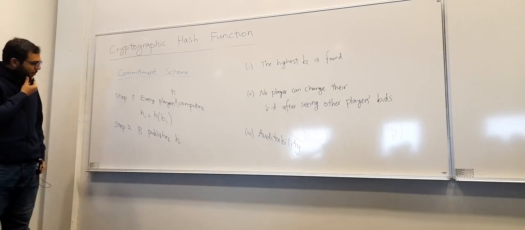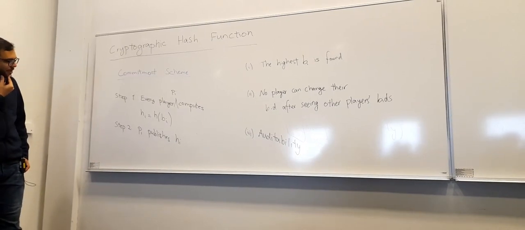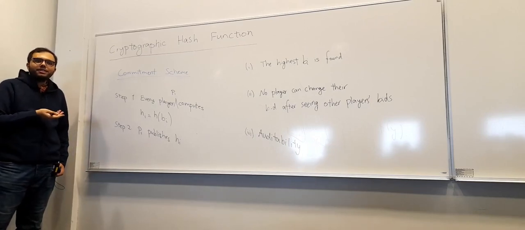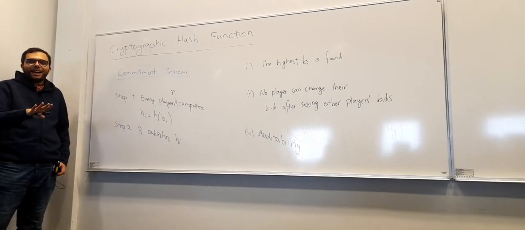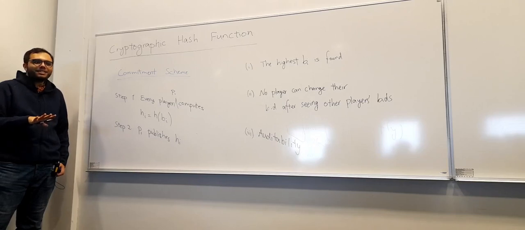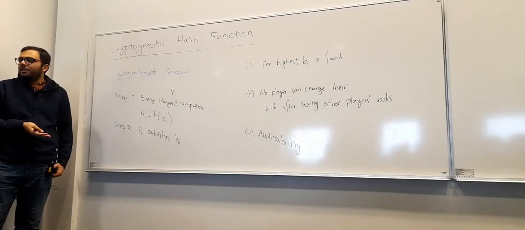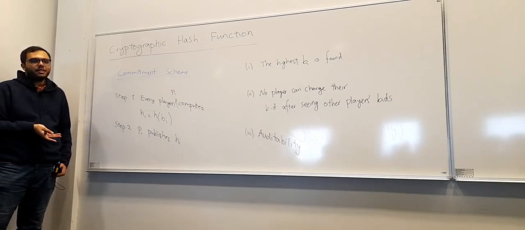Now, at this point, I have the nice properties because the hash is basically the envelope. I've published my hash. I'll get to you in a moment. I've published my hash, so I cannot change my value anymore. But also the hash function was hiding, so no one else knows what my value is.